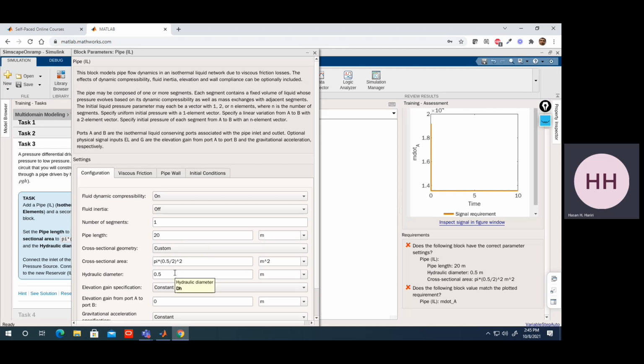Hydraulic diameter of 0.5 meter, okay. And cross-sectional area of pi times 0.5 over 2 squared meter. It is right. Why are they saying it's wrong?